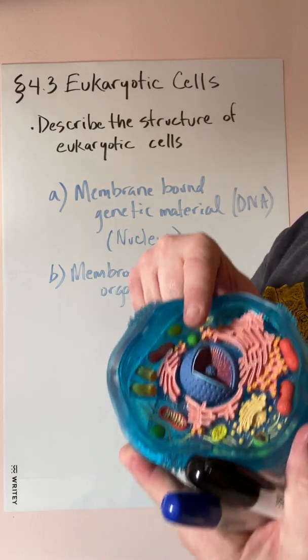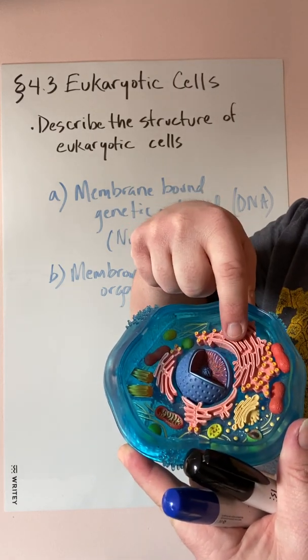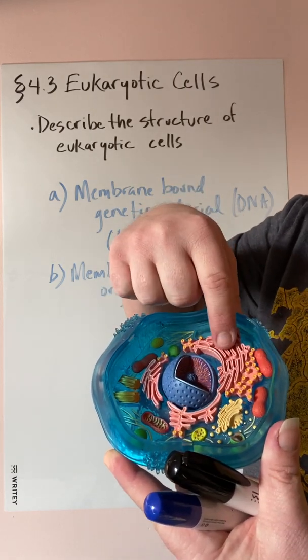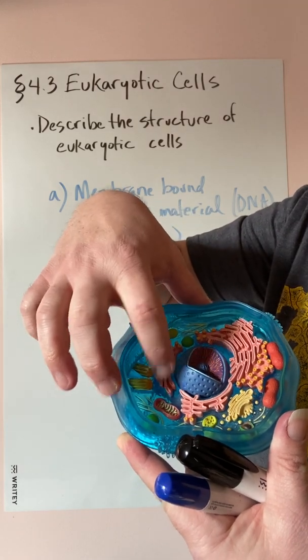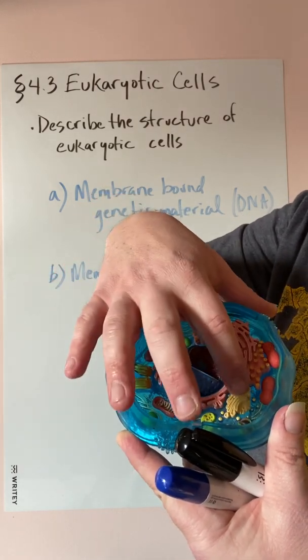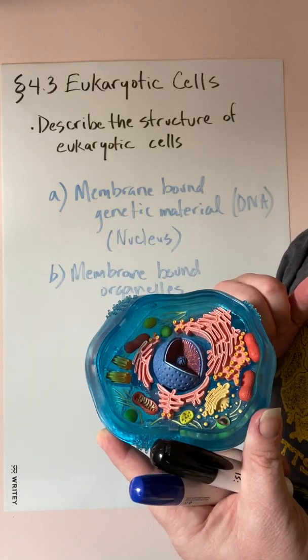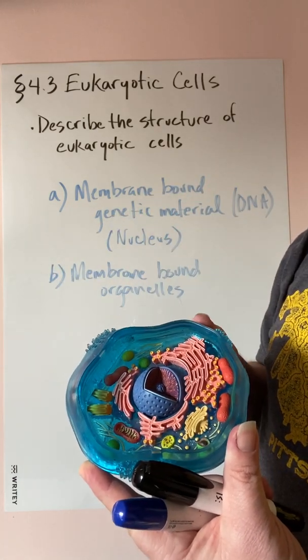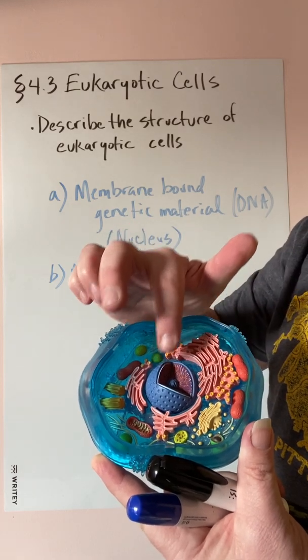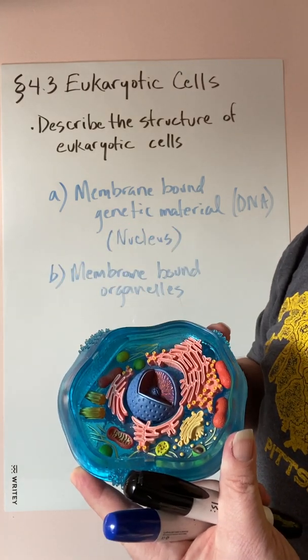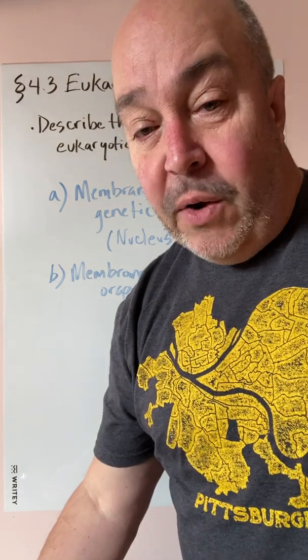So actually the nucleus is an organelle. This structures around it, the Golgi, the endoplasmic reticulum, the mitochondria, the lysosomes, the Golgi. These are all structures within. Those are called organelles. And they also have membranes around them. So the nucleus has a membrane around it. A lot of the organelles inside have membranes around them.